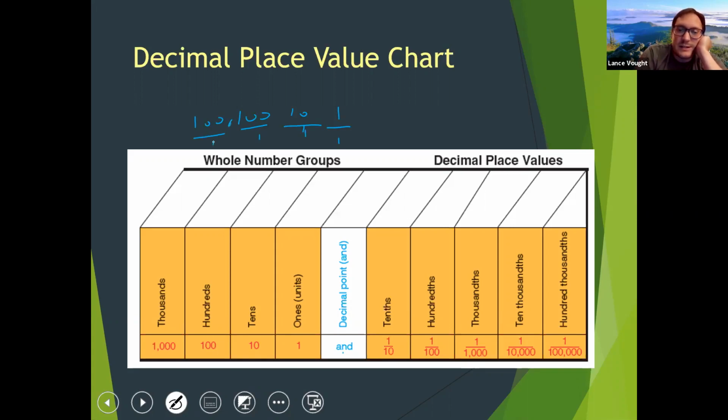On the other hand, it's flipped, where this is 1 over 10, 1 over 100, 1 over 1,000, 1 over 10,000, and then 1 over 100,000. So basically, the decimal point is the dividing line between whether the growing number is the numerator or the denominator.